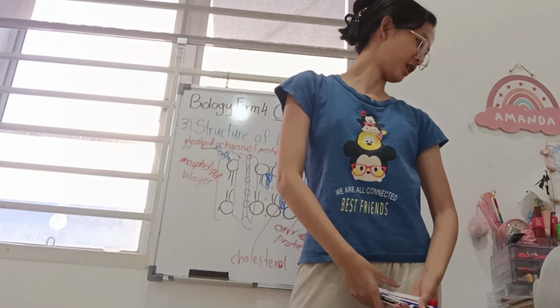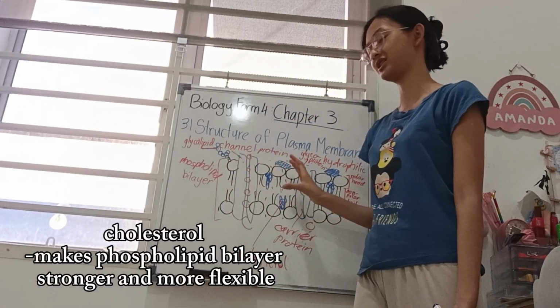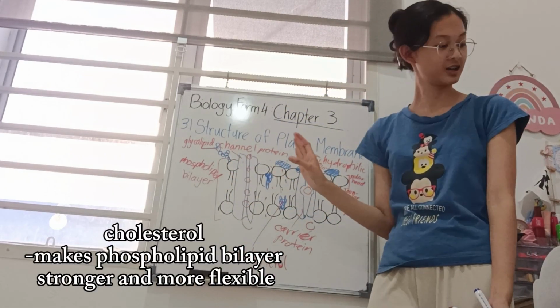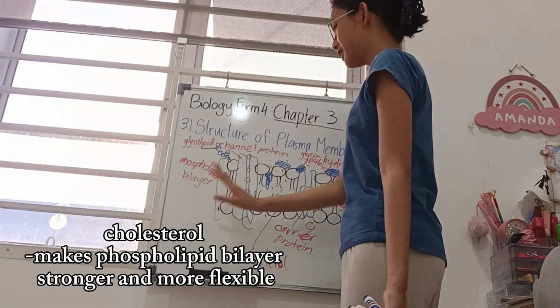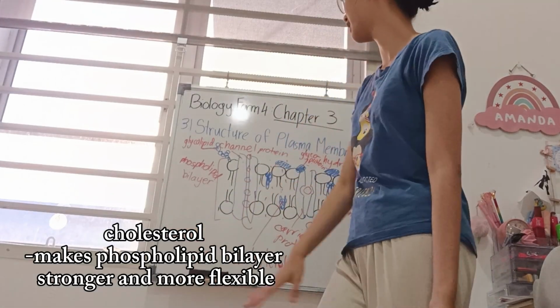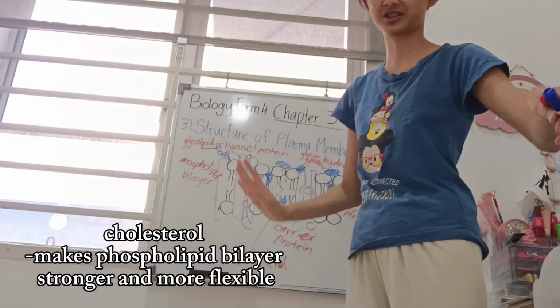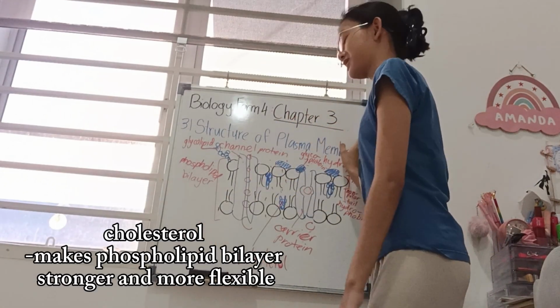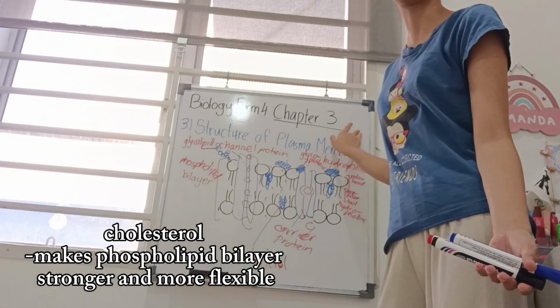Why? Because cholesterol makes the phospholipid stronger and more flexible. We learned in chapter 2 that the cell is flexible because the plasma membrane is flexible.